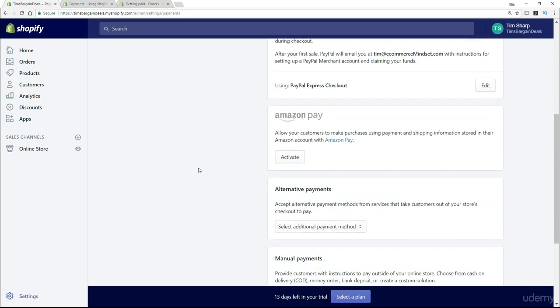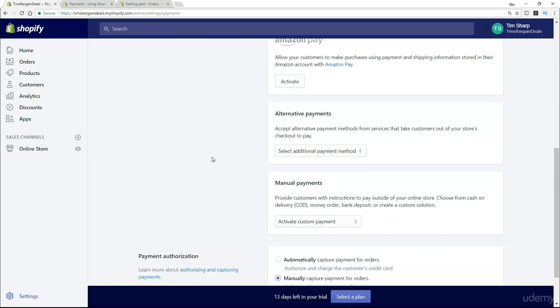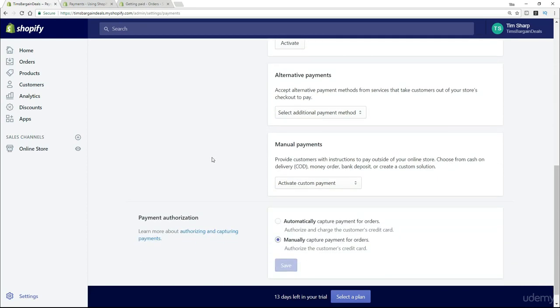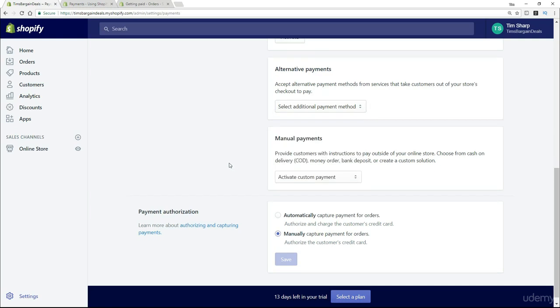So as we scroll down a little bit, we do have some other payment methods. We've got Amazon Pay, which I really don't think is relevant, particularly in the beginning of anybody setting up their store. We've got additional payment methods, things like BitPay and GoCoin and all this stuff. Frankly, it's a distraction, certainly at this stage.